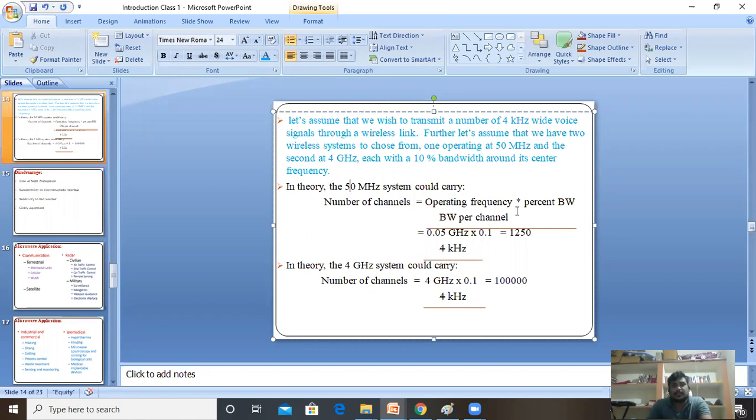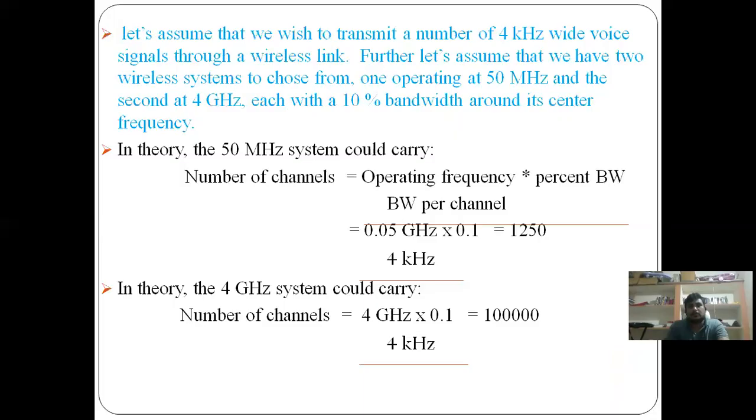Operating frequency times percentage bandwidth, divided by bandwidth per channel. So 0.05 gigahertz times 0.1, the 10% bandwidth, divided by 4 kilohertz, gives 1250 channels.